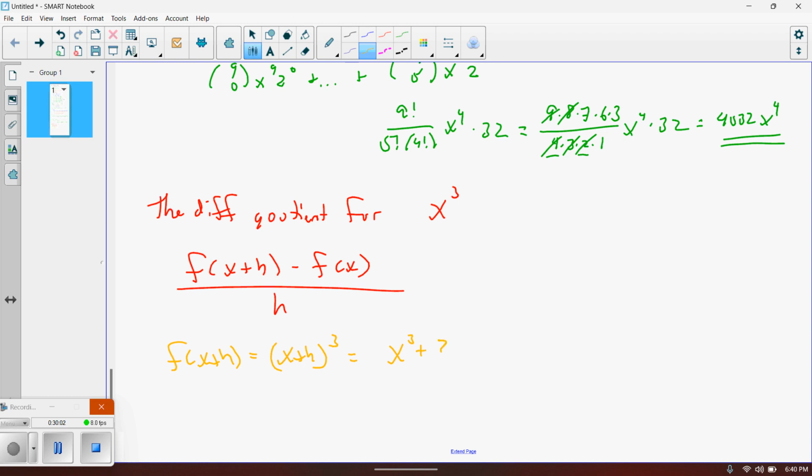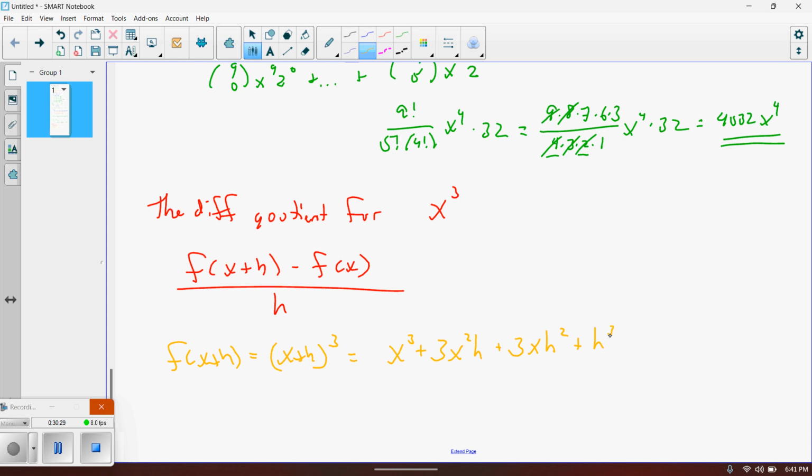Plus 3, and now reduce the x by 1, x squared, h to the first. Again, the exponents have to add up to 3. Plus 3 is the next coefficient. Reduce the exponent, increase the exponent. And then the last one is a coefficient of 1. Reduce the x to the 0 exponent, and the h becomes h cubed.